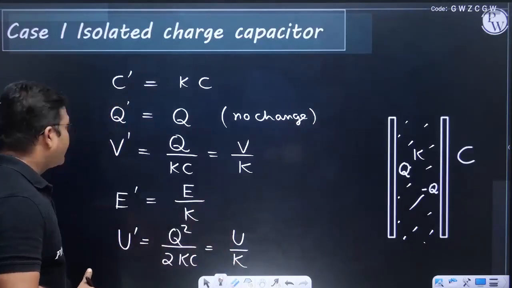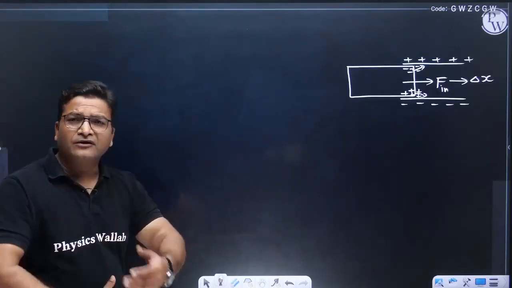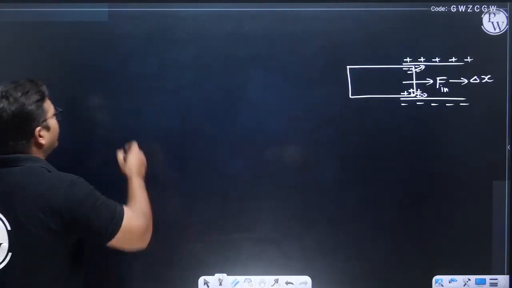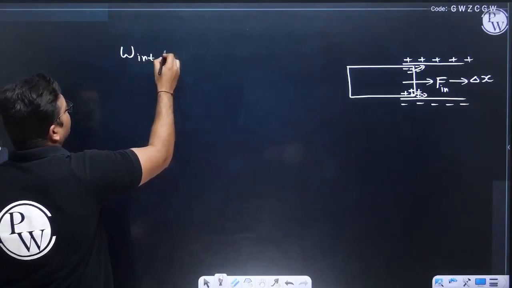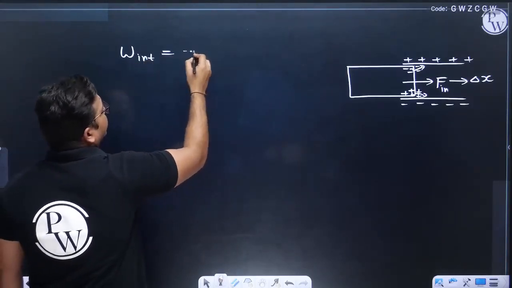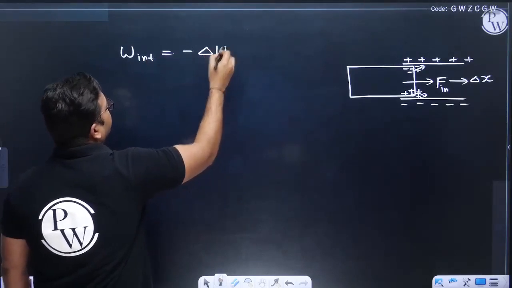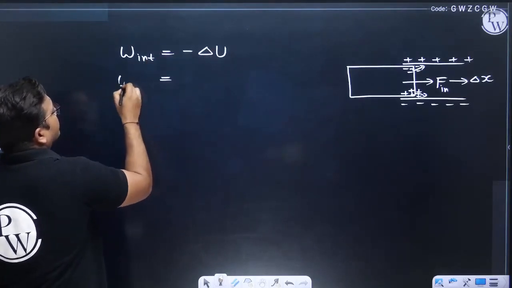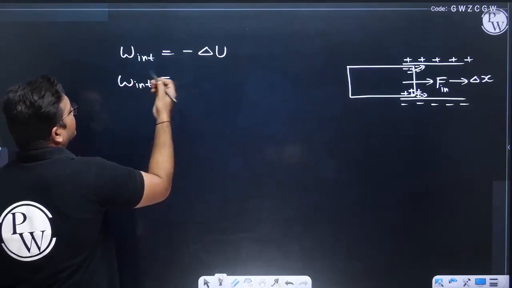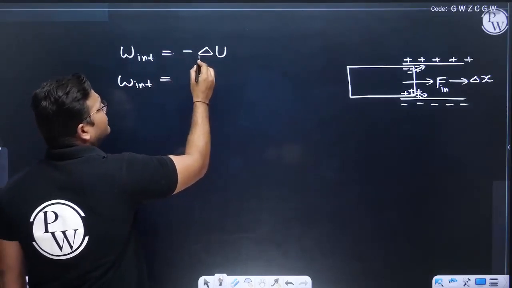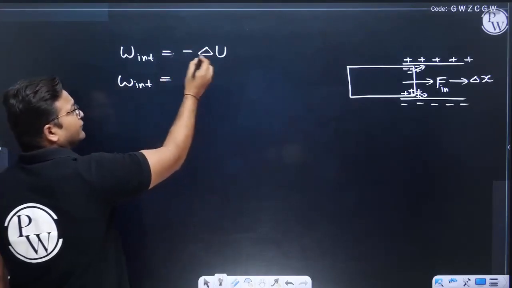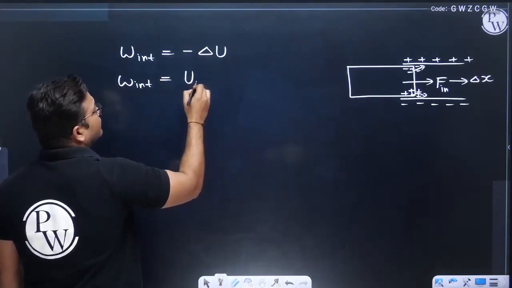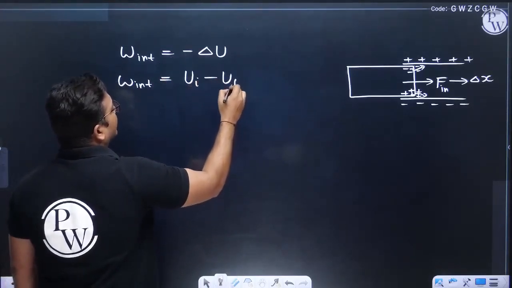By the basic concept of work done and force, work done by internal force is equal to the negative of the change in energy. Change is represented by U2 minus U1, so minus of change will be equal to U initial minus U final.